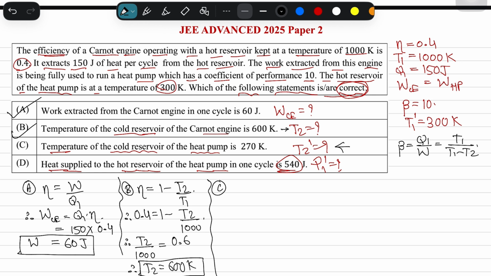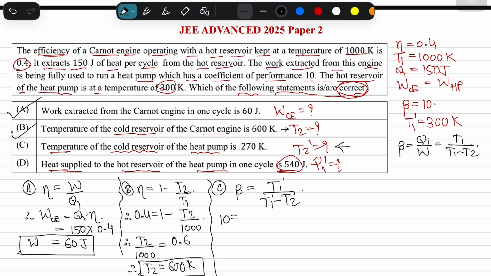So beta is equal to Q1 divided by W, or we can directly take T1 divided by T1 minus T2. Now beta value is 10 is equal to T1 dash and T2 dash, because we are finding the values for the heat pump.